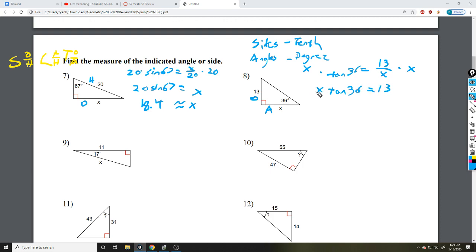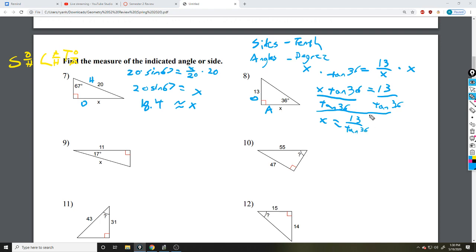So now we're going to have division when we solve this, because we have x times the tangent of 36. Remember, tangent of 36 is just a number. So we have x times some number equals 13. So we're just going to divide by it. So we have x equals 13 over tangent of 36.